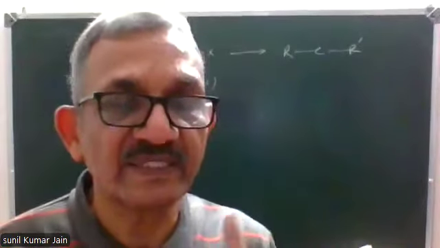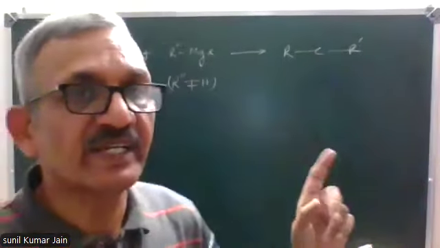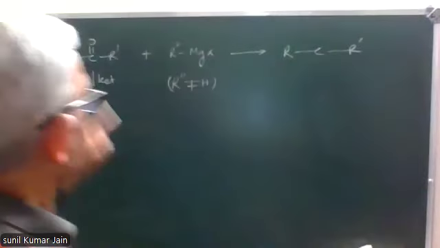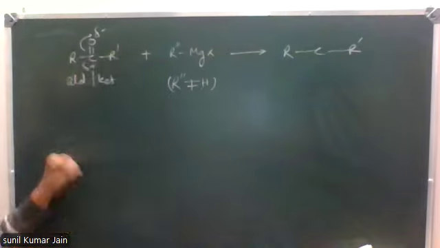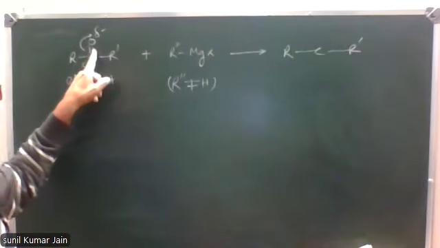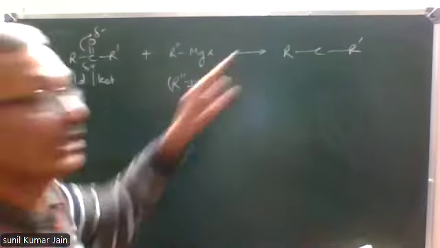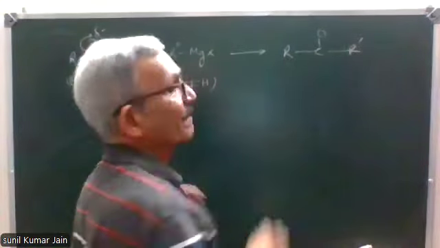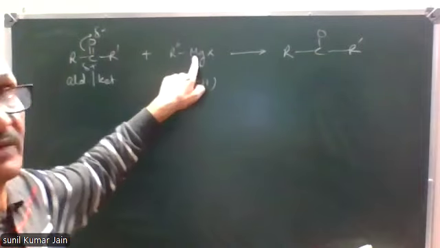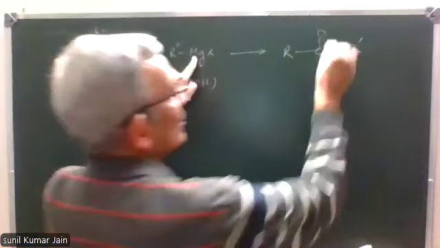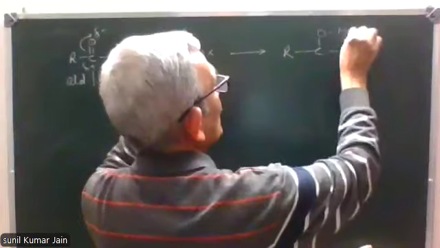Now think, I told you about the polarity of Grignard reagent, and think of the polarity of the carbon-oxygen bond. You know this bond is polar, delta negative, delta positive. The pi bond will break and change into a single bond. Negative oxygen will form a bond with positive magnesium, so MgX comes to oxygen.